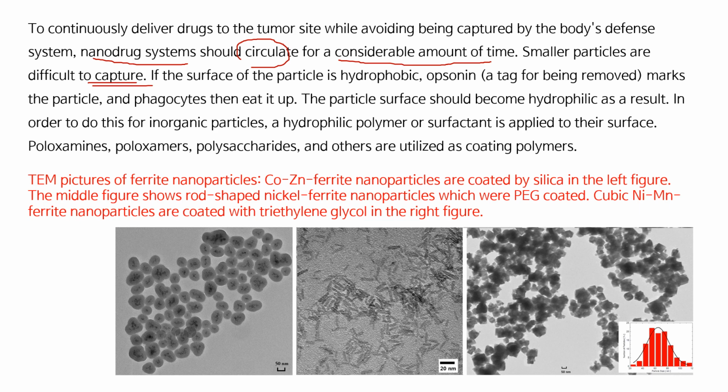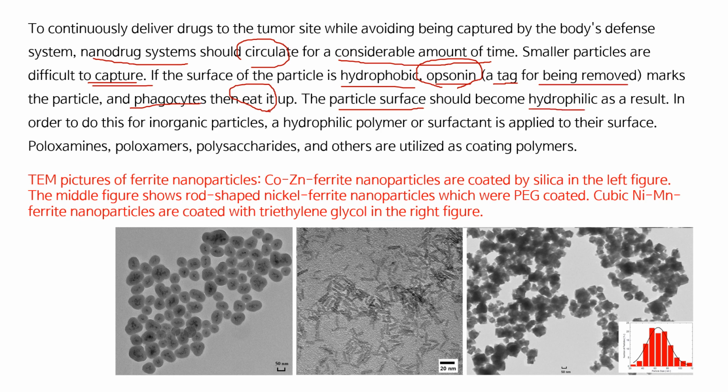If the surface of a particle is hydrophobic, opsonin attaches, which is a target for being removed. So opsonin marks the particle and phagocytes then eat it up. So the particle surface should become hydrophilic as a result.